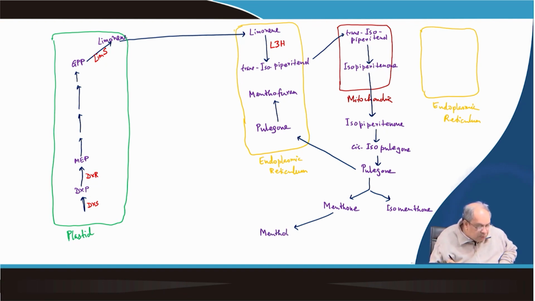And from isomenthone, isomenthol can be formed, and also neoisomenthol can also be formed.